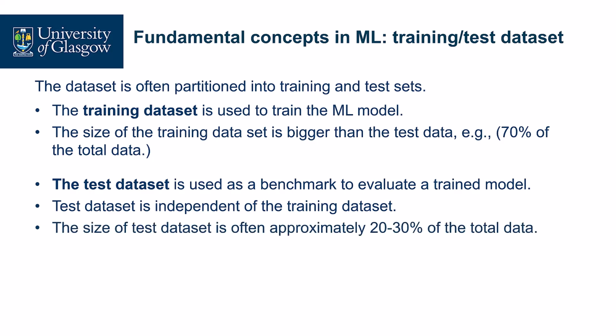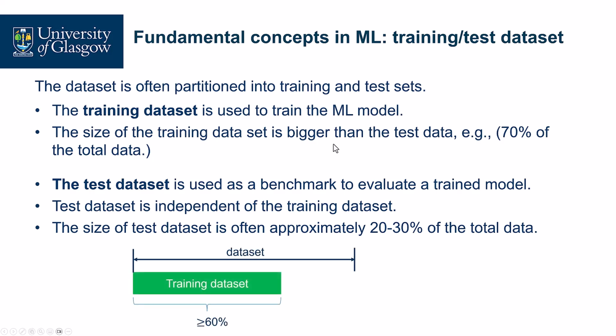The size of the test data is often approximately, let's say, 20 to 30% of the total data. This is just an empirical number, right? So if we have a data set, we can put, let's say, more than 60% as the training data set to train the model, and the 20 to 30% we use as test data to evaluate the model. So this is the training and test data set.